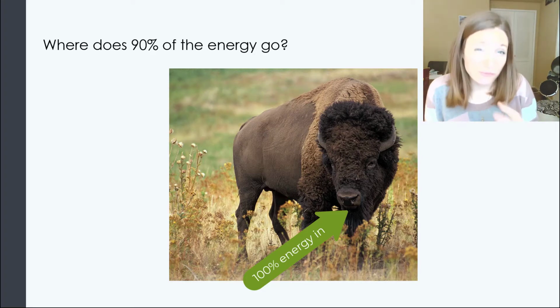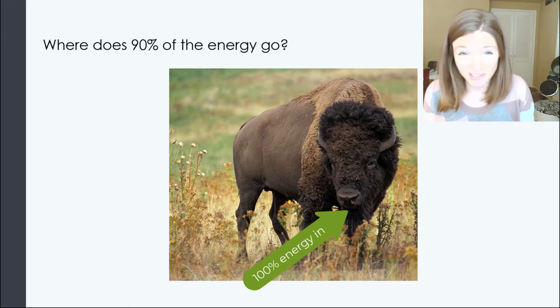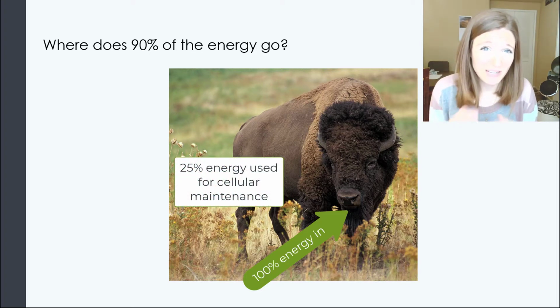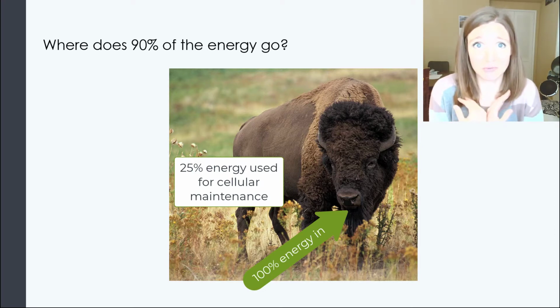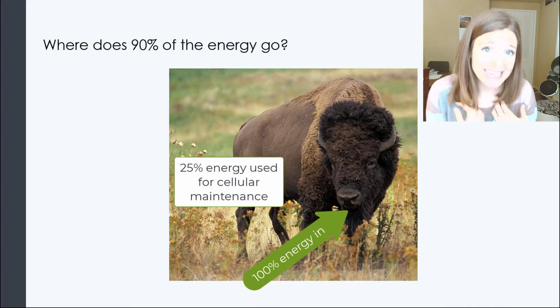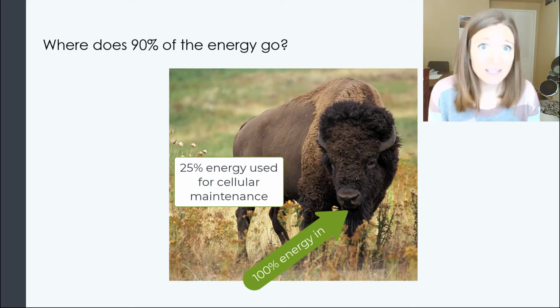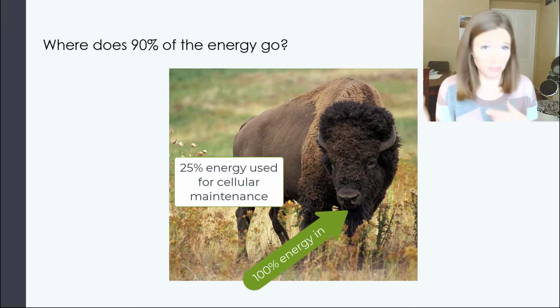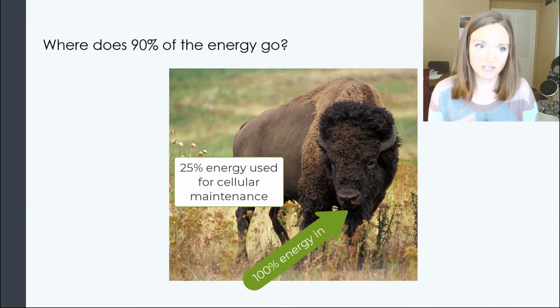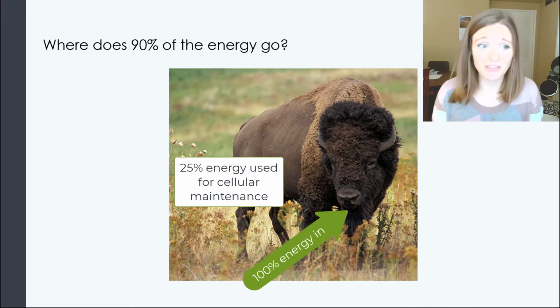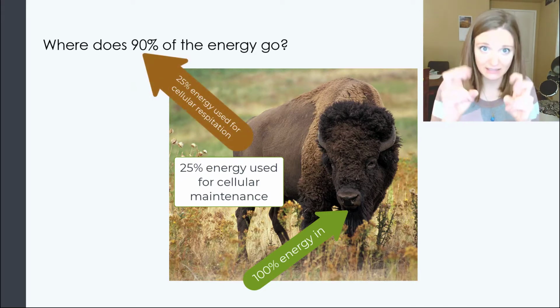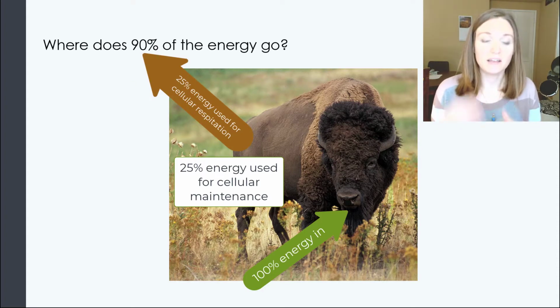This varies depending on the organism, but roughly 25 to 40% of the energy is used just to maintain its tissues: for growth, for homeostasis, to heal from any injuries, for reproduction, just to maintain itself. About 25% of the energy is going to go there. It's going to lose around another 25% of the energy, and I say lose, as it's using the energy for respiration, right?